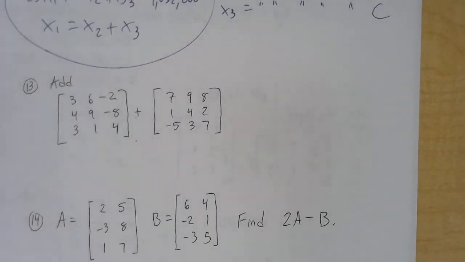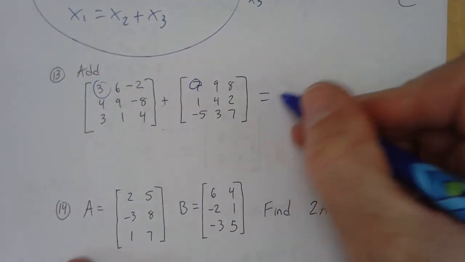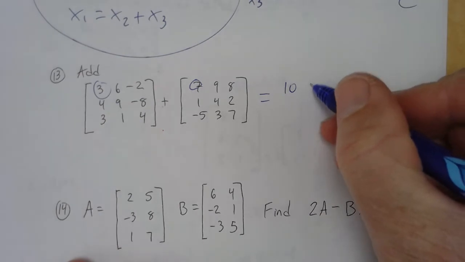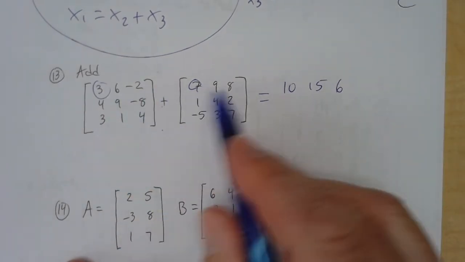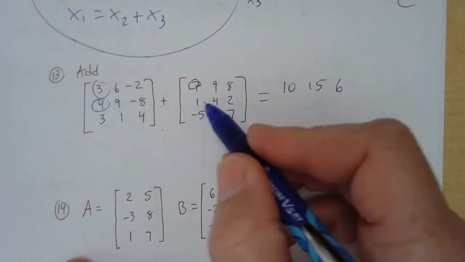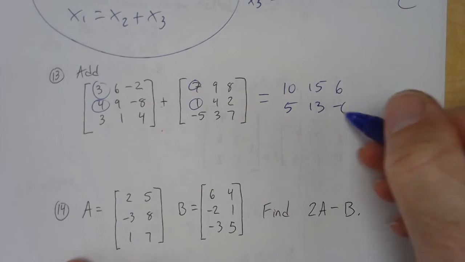All right. Adding matrices is easy. Just add together the corresponding elements. So it's 10, 15, 6. The next row down. So if I add these two together, that's 5, 13, negative 6.